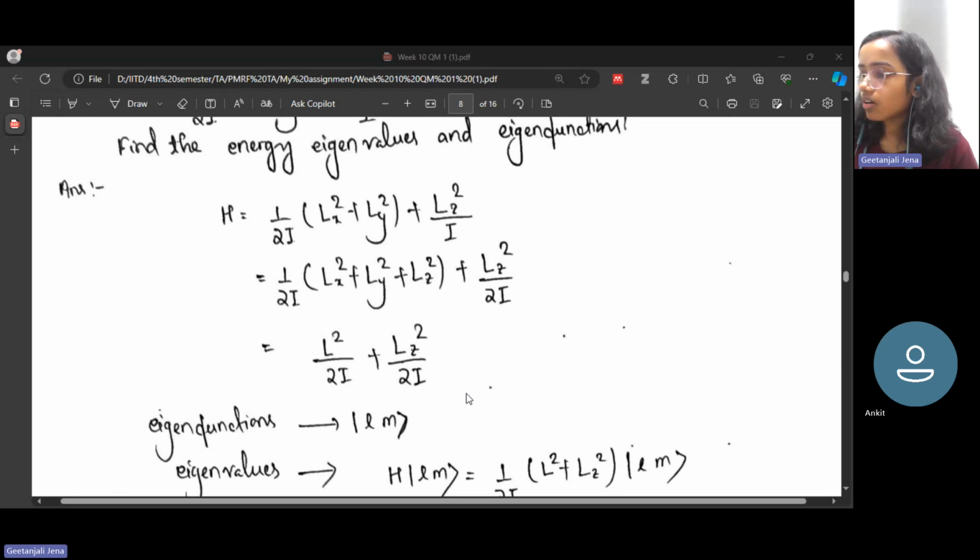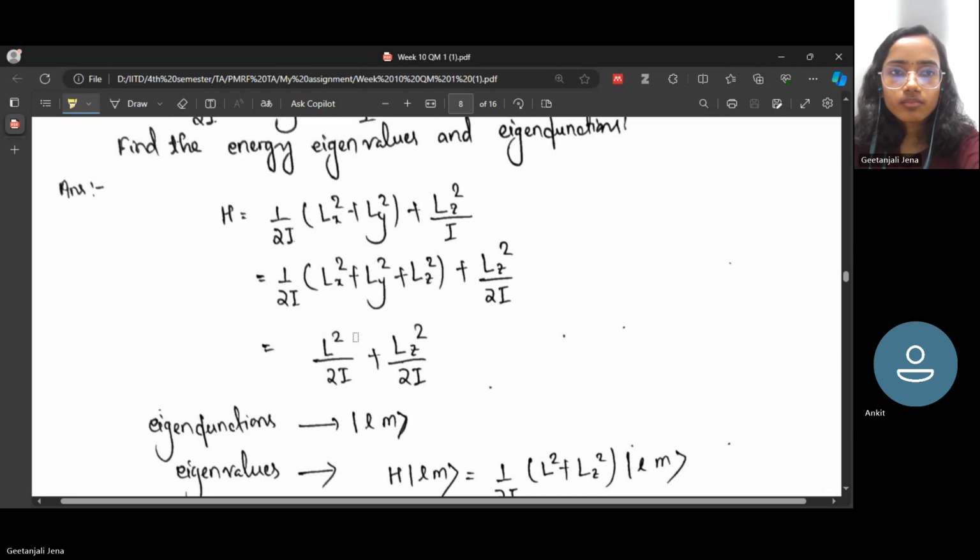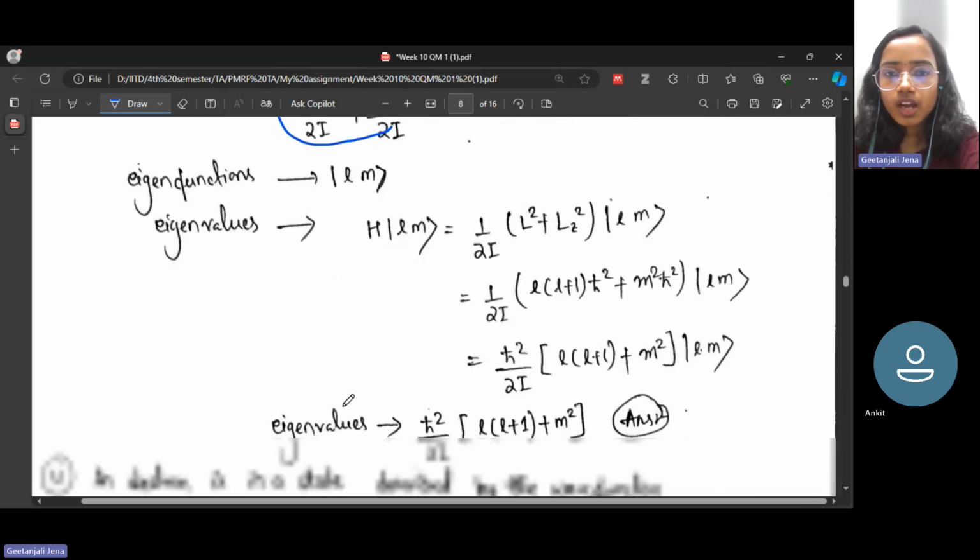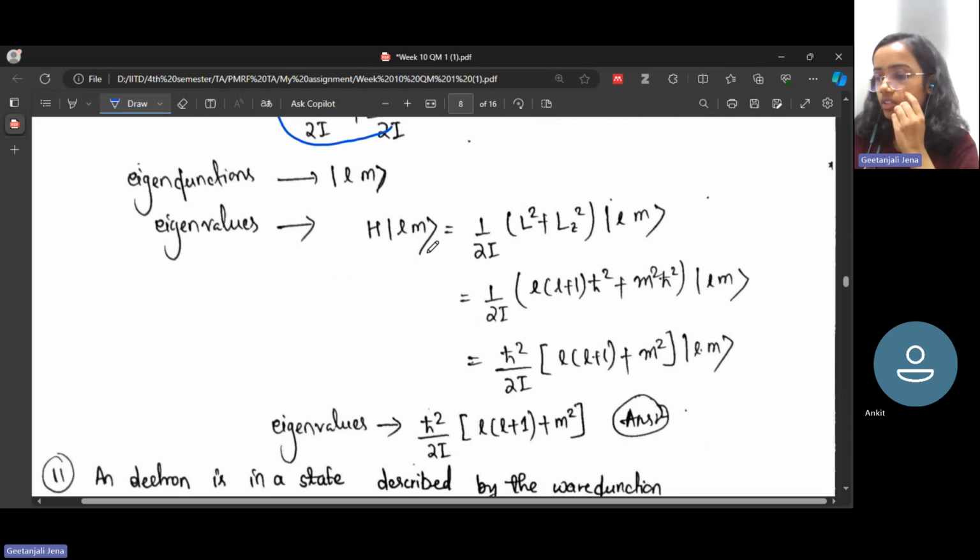So the Hamiltonian we got is given by (L square plus Lz square) by 2I. So this one we calculated. Now if you apply the Hamiltonian on this operator: L square, you know the eigenvalue, when it acts on |l, m>, you will get l(l+1) h cut square.